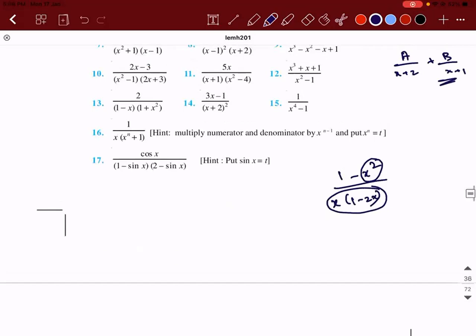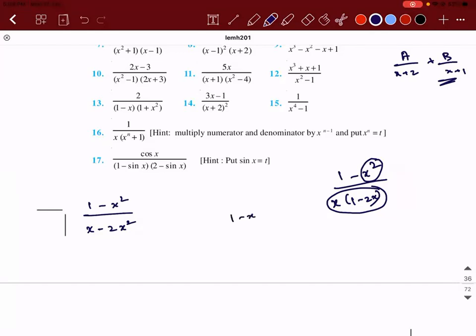So divide and then write it. The question is (1 minus x square) divided by (x minus 2x square). Rohan, divide and tell me how you can write the numerator. We take 1 minus x square and divide it by x minus 2x square, right, sir?